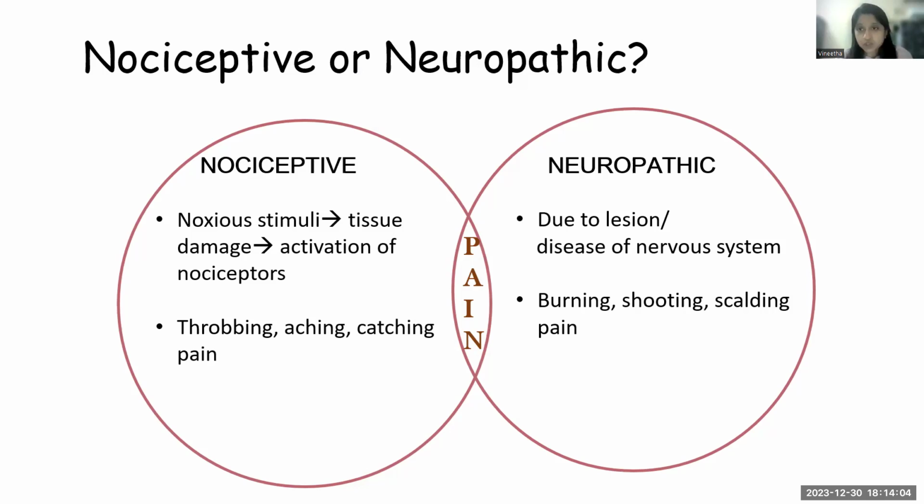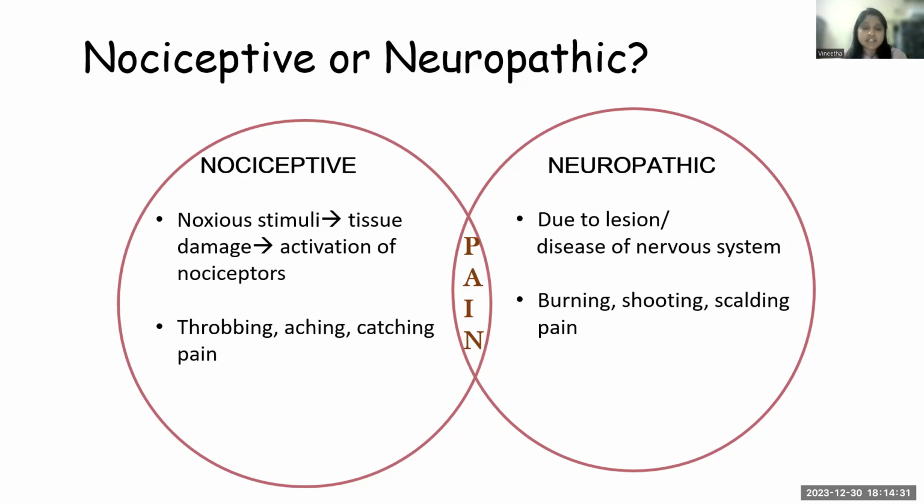As I said before, nociceptive means the nociceptors are getting activated by some noxious stimuli, and usually the nature of the pain will be throbbing, aching, catching. Whereas neuropathic is a lesion or disease of the somatosensory nervous system, and the nature of the pain will be burning, shooting, scalding, tingling.